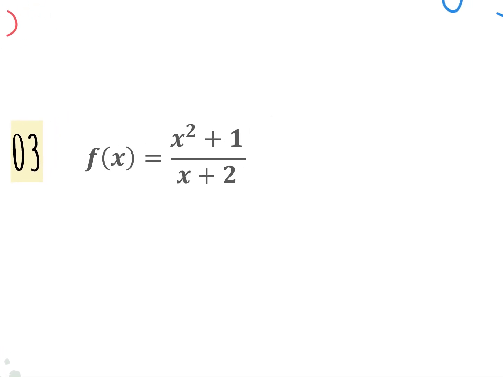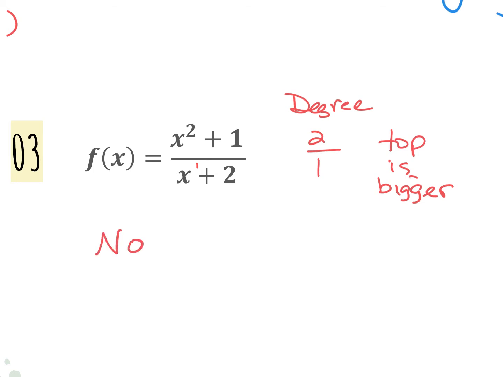So the degree of the numerator is 2. The degree of the denominator is 1. The top is bigger. So you're going to write that there is no horizontal asymptote.